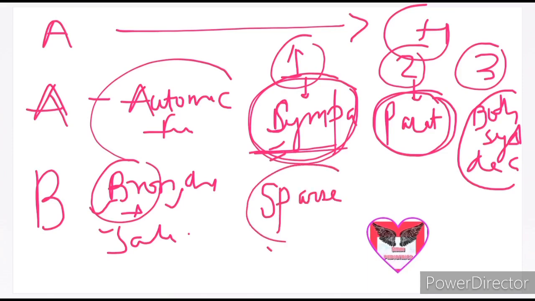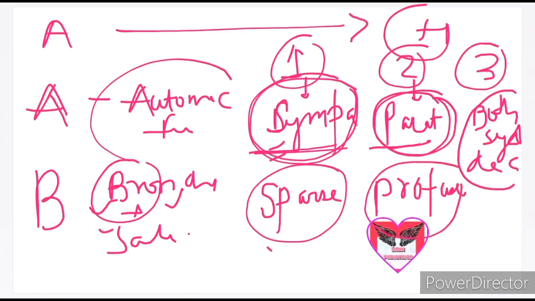In stage 2, since parasympathetic is responsible for bronchial and salivary secretion, we have profuse secretion. If the baby has profuse secretion, it is suggestive of stage 2 HI. In stage 3 it is variable.